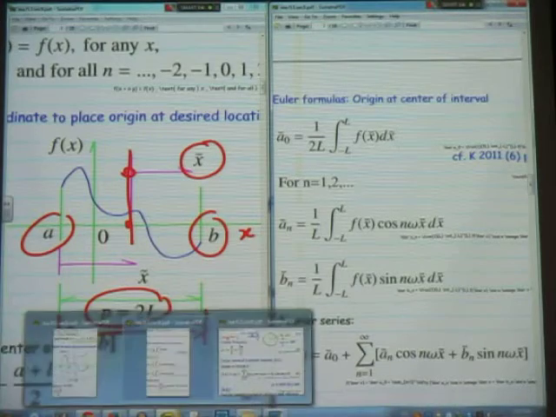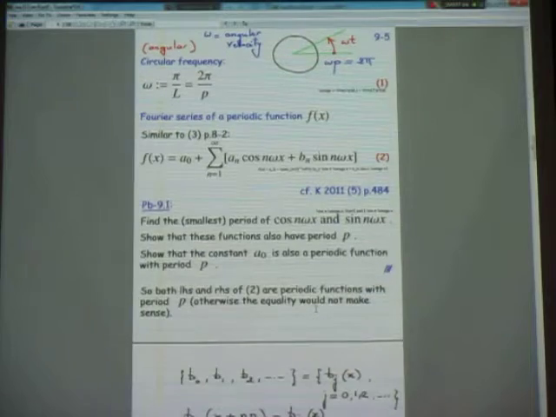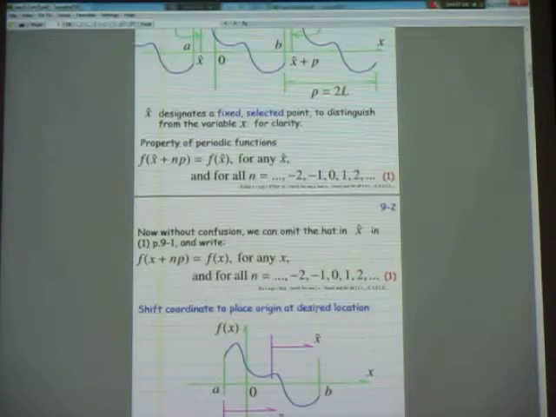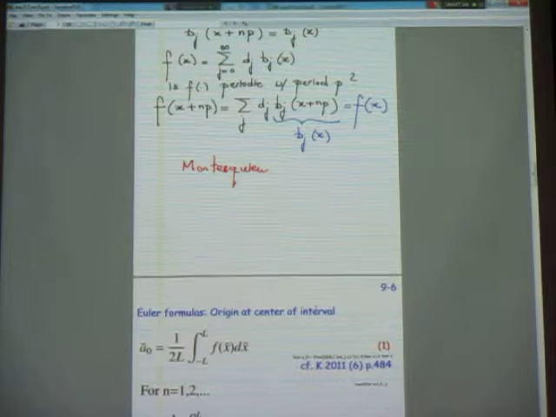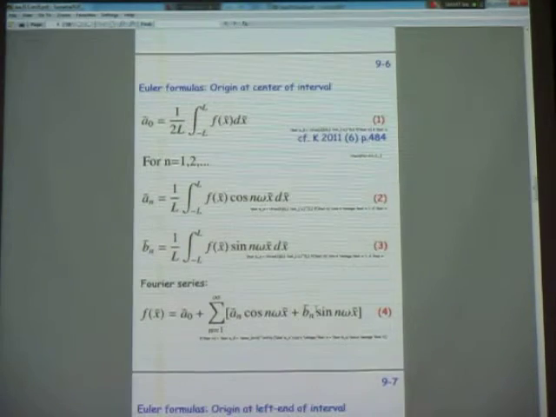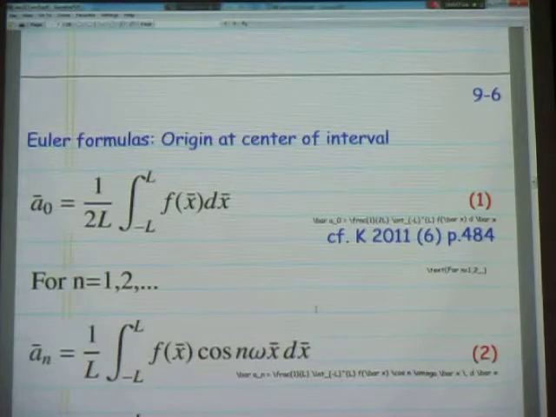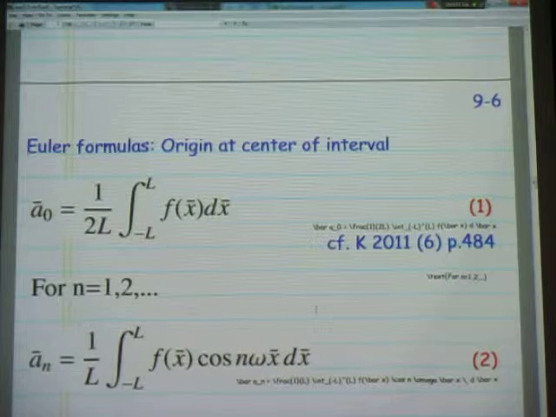So let me go to the middle window, and first I zoom out so that you see where I'm moving. I'm moving up to find those formulas. Oh, I need to move down, I think. Okay, yeah, right here. Okay, so these are called the Euler formulas, and I'm zooming in. Let's look at, but I need to show you one more thing.